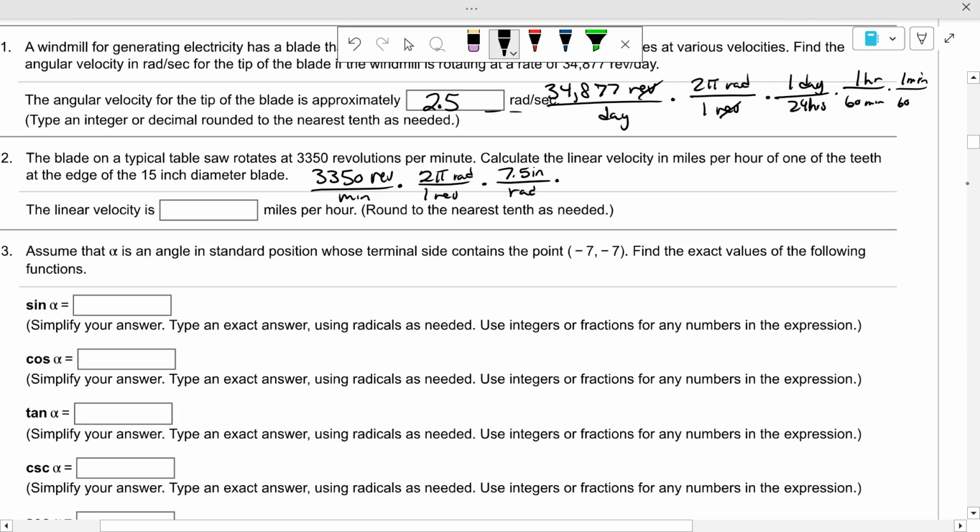So I have inches per minute, and I need miles per hour. So times 1 foot is 12 inches, and then 1 mile is 5,280 feet.